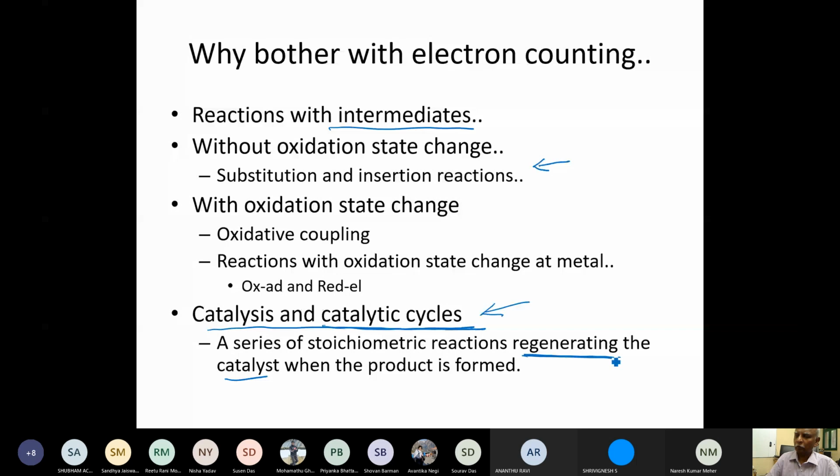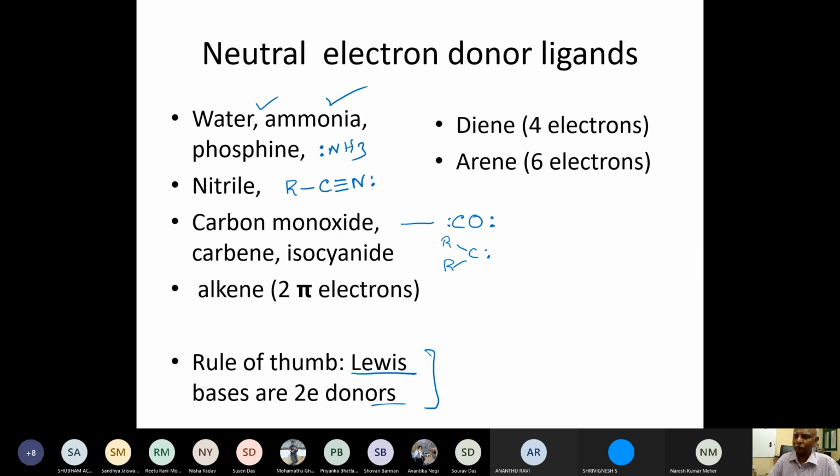So you need to write it out in such a way that you go through oxidation state changes with a proper increase and decrease in electron counts. So the final electron count of the catalyst should be the same as the initial electron count of the catalyst. That's what I mentioned.